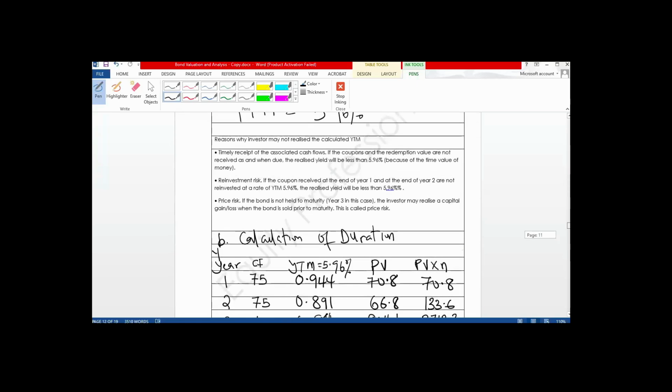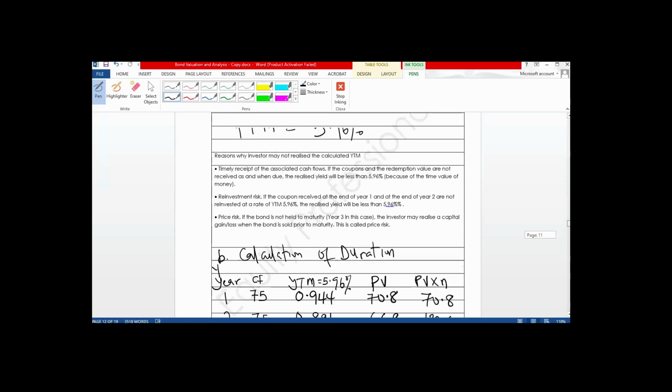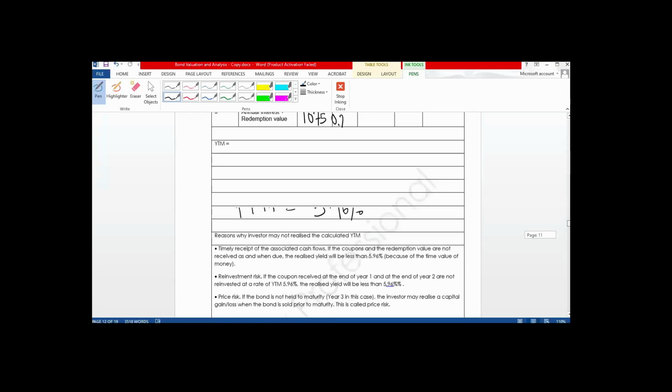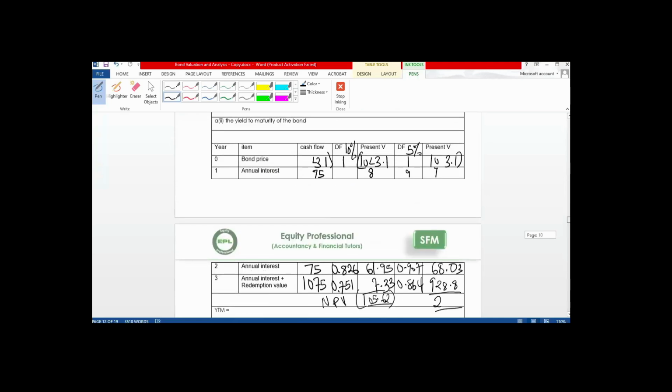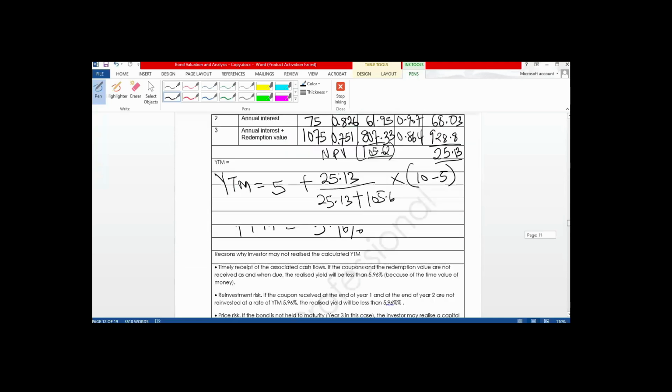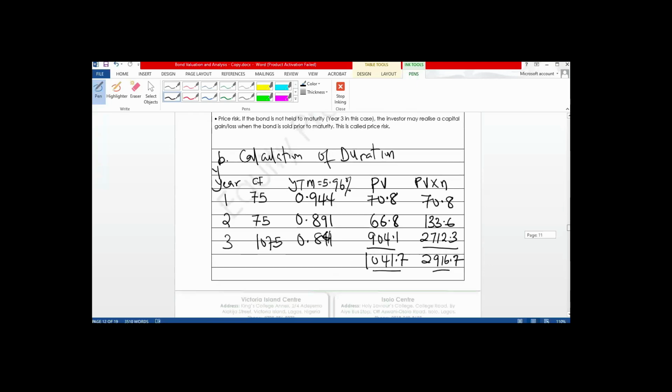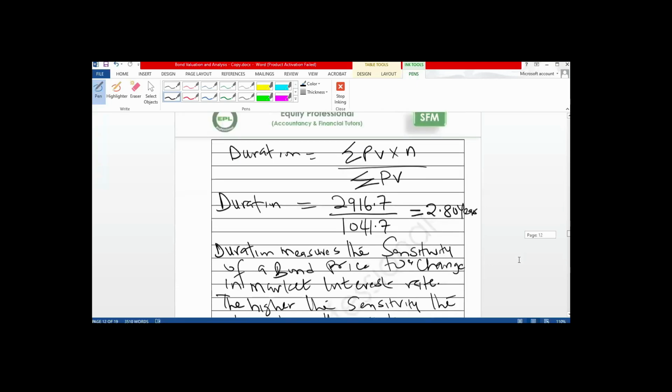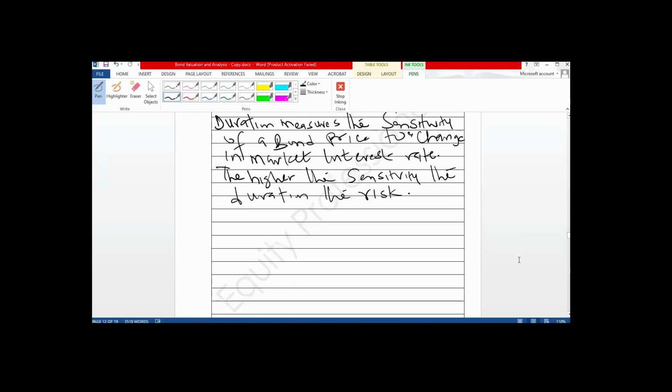Before you scroll up, that statement: the higher the sensitivity, the higher the duration, the higher the risk. Sorry, something is missing here.